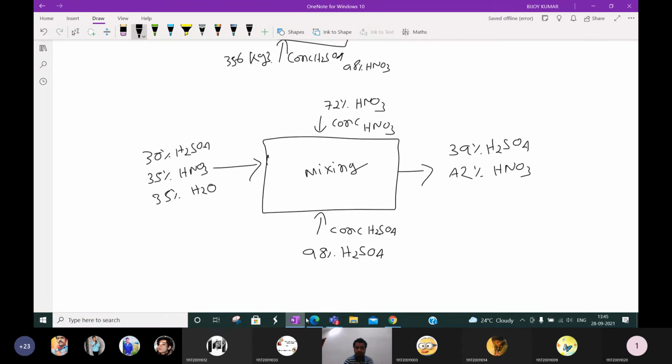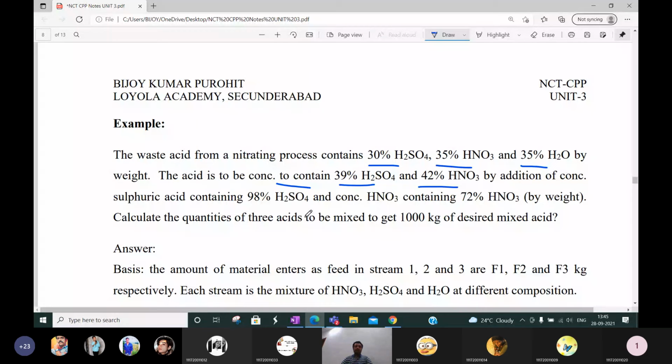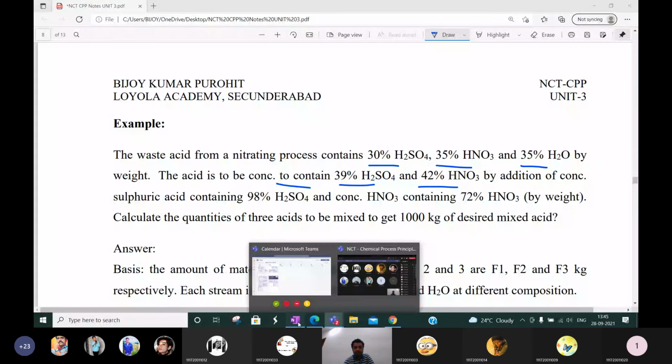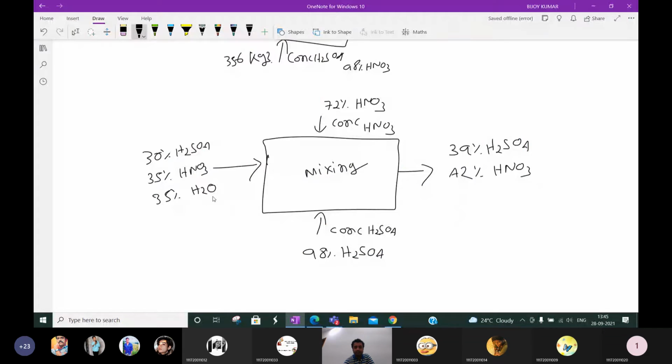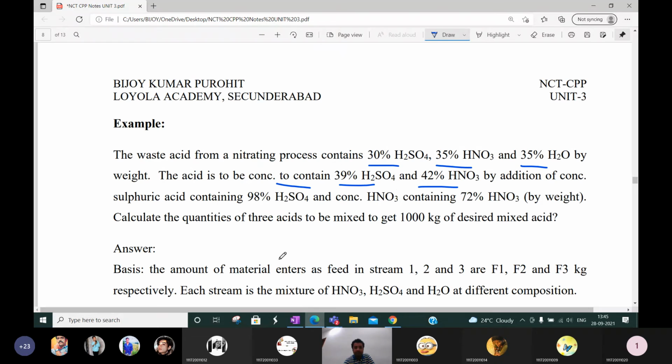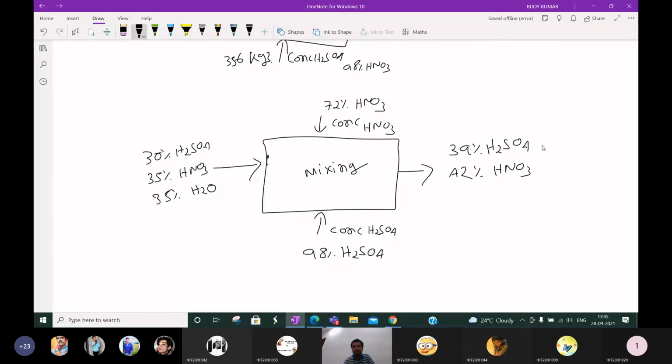Please read the question once again and try to understand it. The waste acid has a composition of 30% H2SO4, 35% HNO3 and 35% water. We have to convert this acid, to be concentrated, to contain 39% H2SO4 and 42% HNO3.